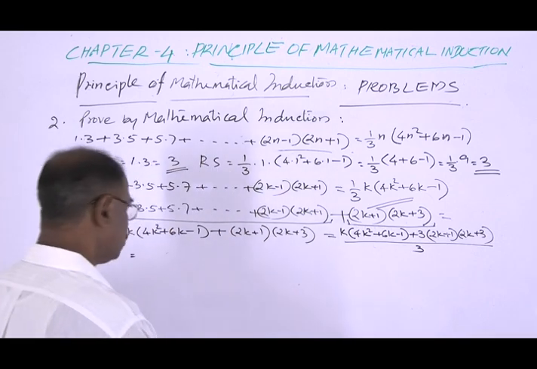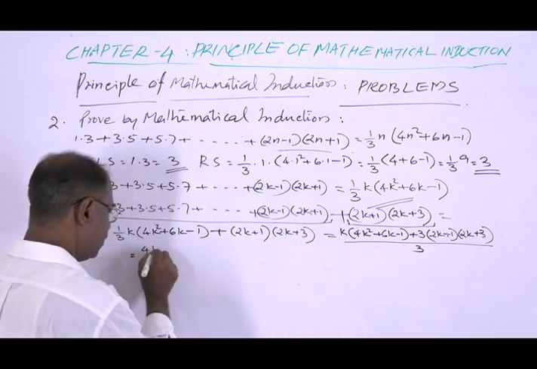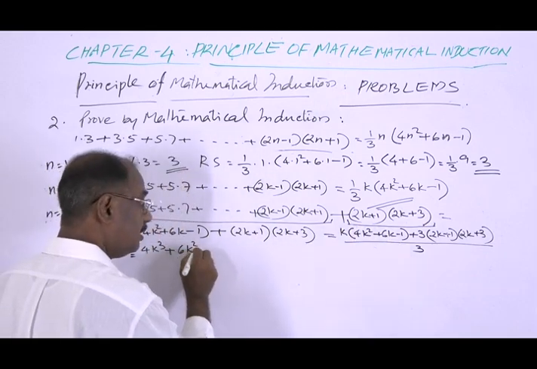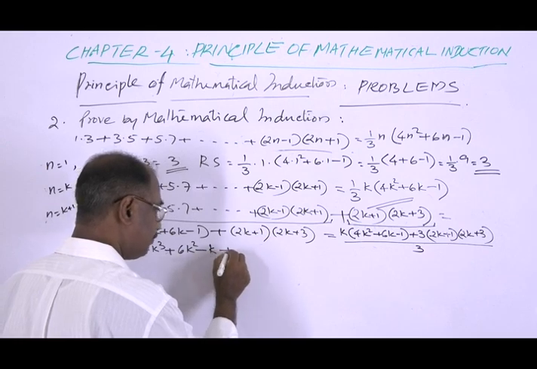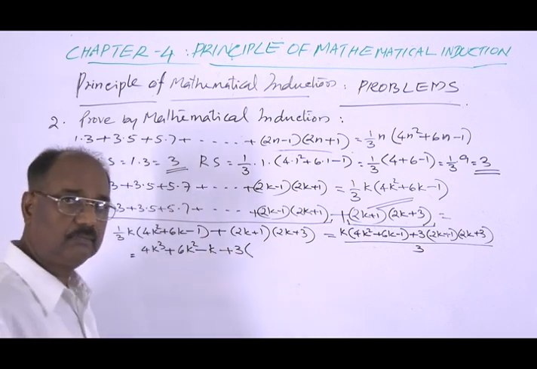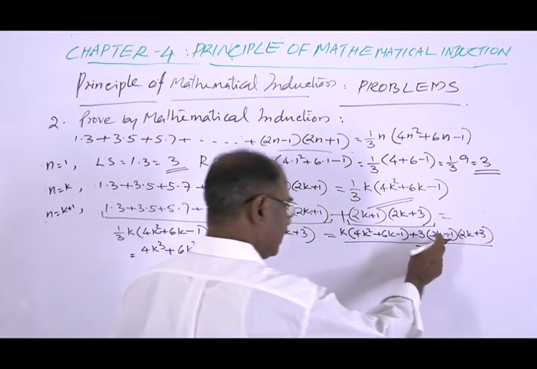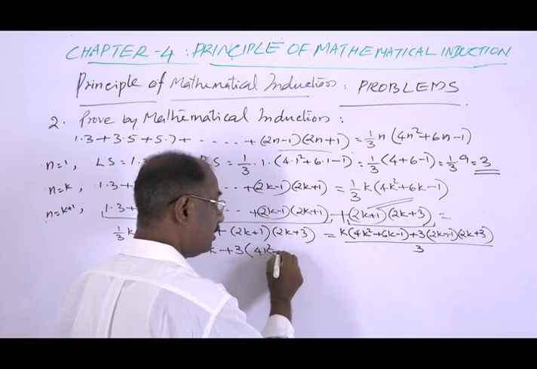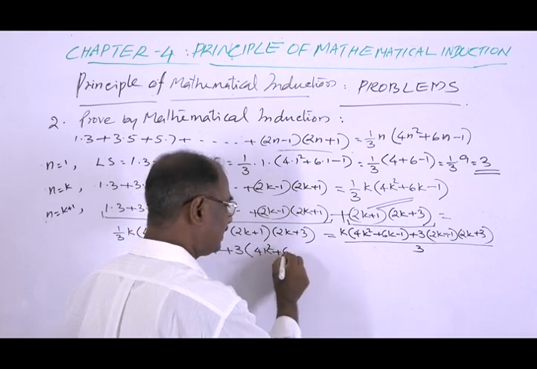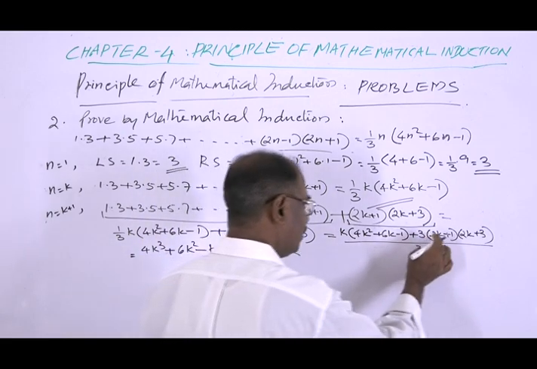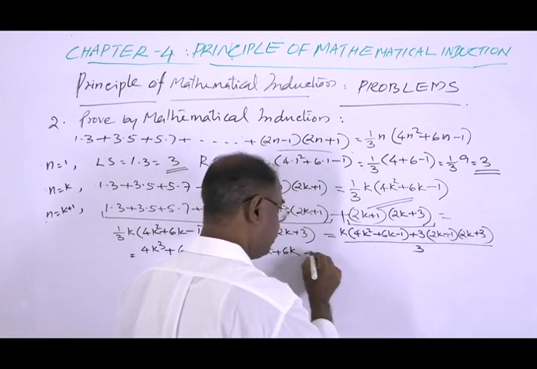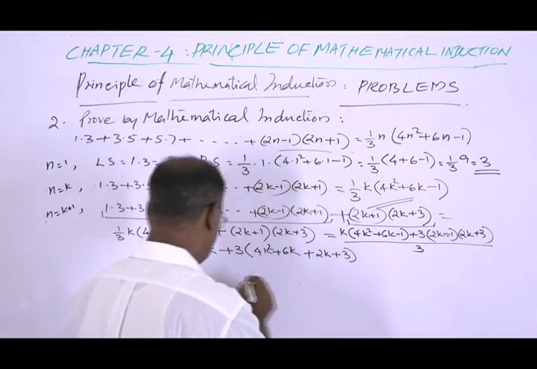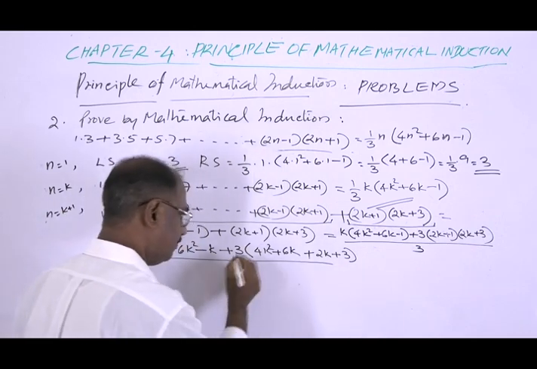So we see that this is equal to k into 4k squared, which is 4k cube, plus k into 6k, which is plus 6k squared, minus 1 into k, which is minus k, then plus 3 into, then multiply 2k plus 3 with the 2k plus 1, which is 4k squared plus 6k plus 2k plus 3, then all divided by 3.